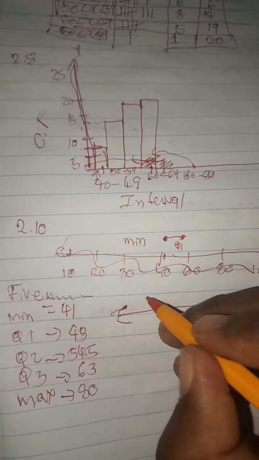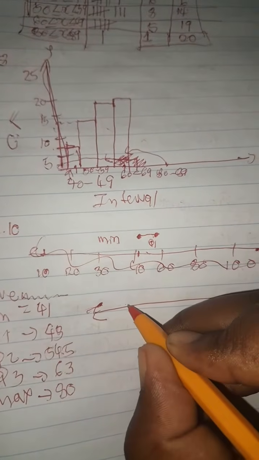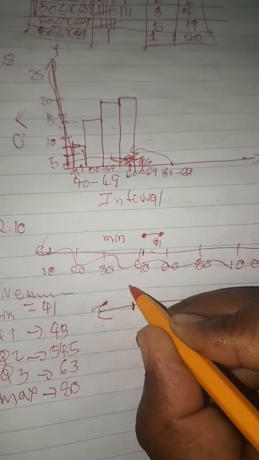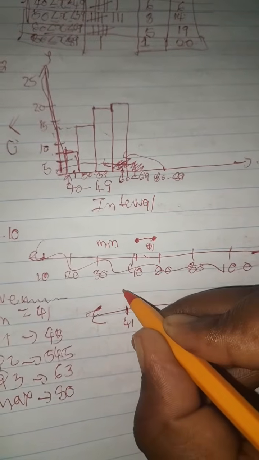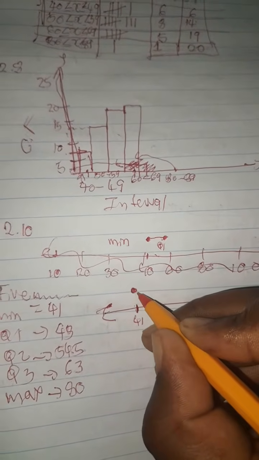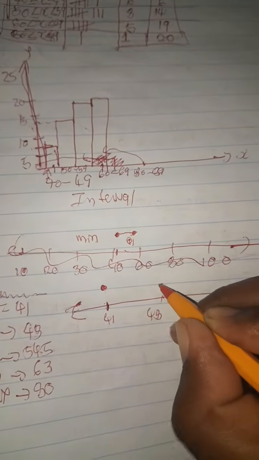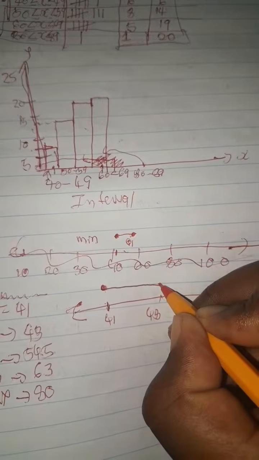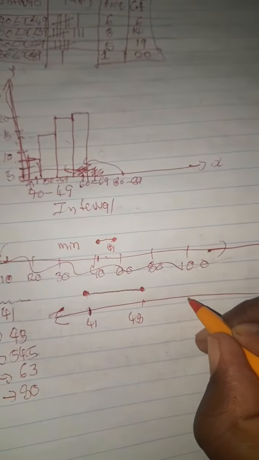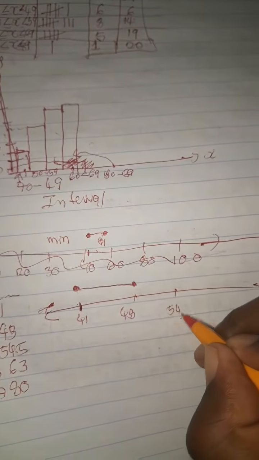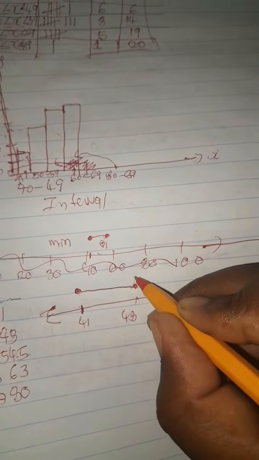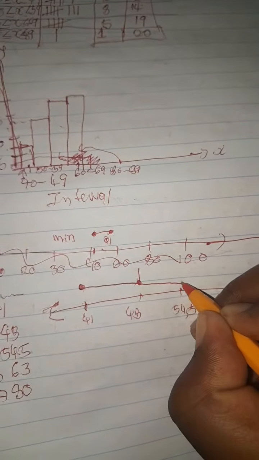I'll just plug in whatever is needed. Let's start with 41. 41 will be our minimum. Then we'll have 48, where we are going to plug our Q1. And then 54.5.